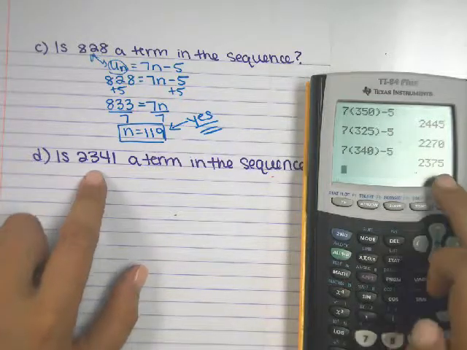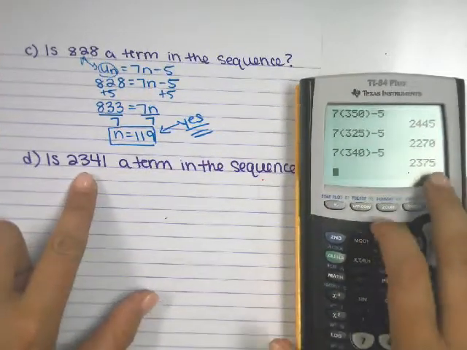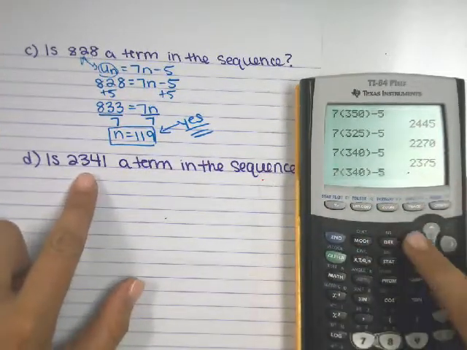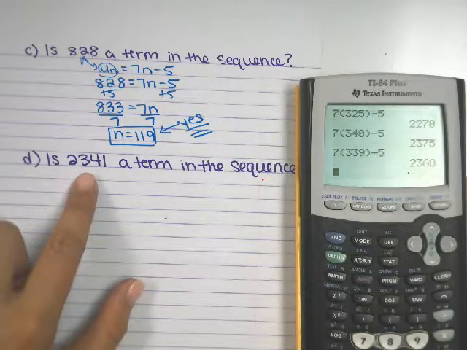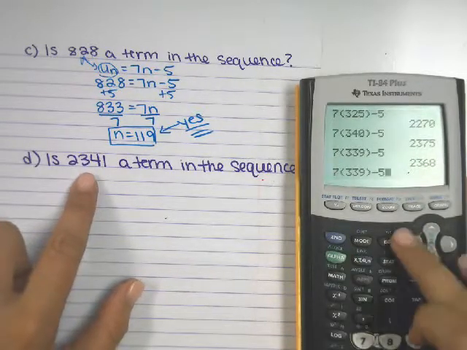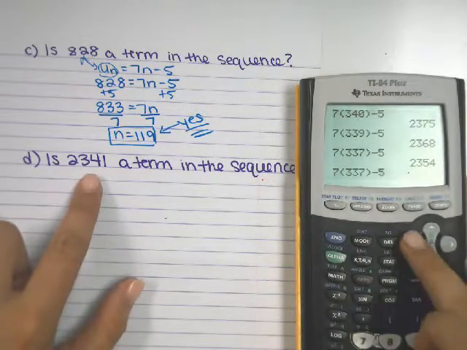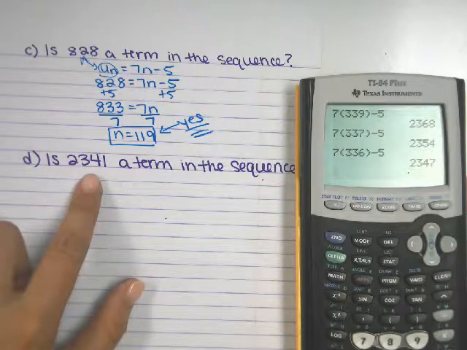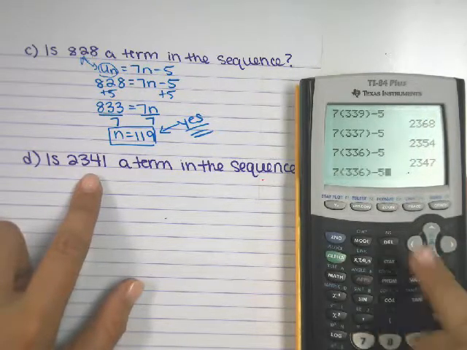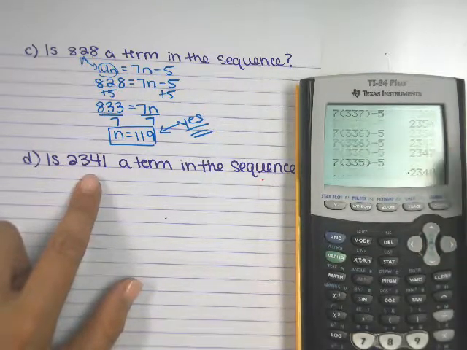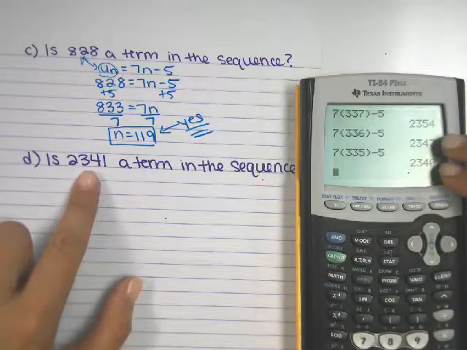340. Oh, that's really close, right? Okay, so we're at 2, 3. So maybe we just work our way down. 39. Still too big. 37. Still too big. Oh, we're almost there. And whenever I go one term smaller, this number, 2,341, is between these two.